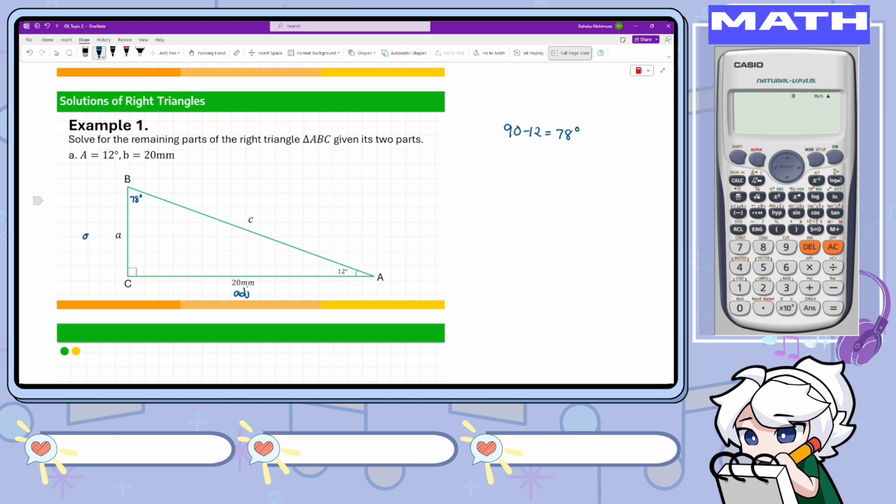Now, we just need to find among SOH-CAH-TOA which is mentioned opposite together with adjacent, and which is mentioned hypotenuse together with adjacent.